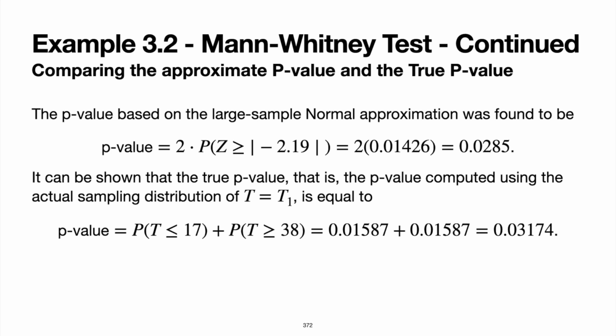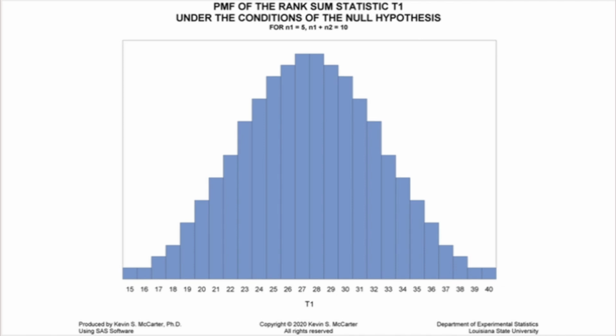Now again, let's compare the approximate p-value that we obtained using this large sample procedure, which was 0.0285, to the true p-value for this test based on the true sampling distribution of T. We're not going to go into the derivation of that, but this is a picture of that true sampling distribution.